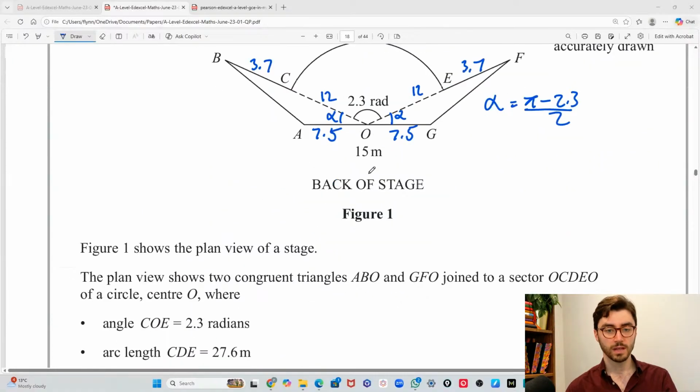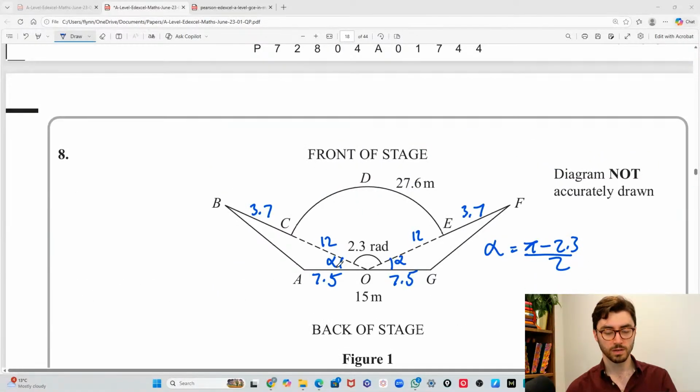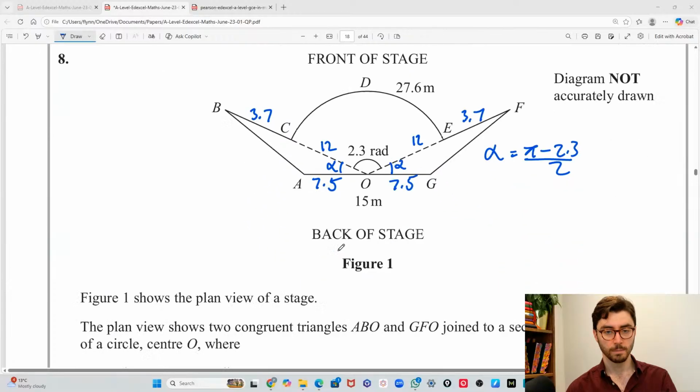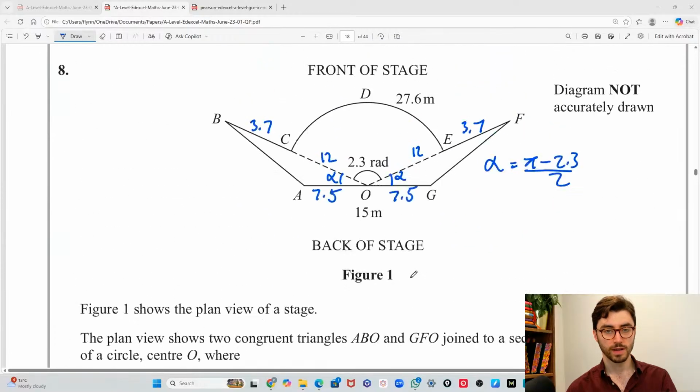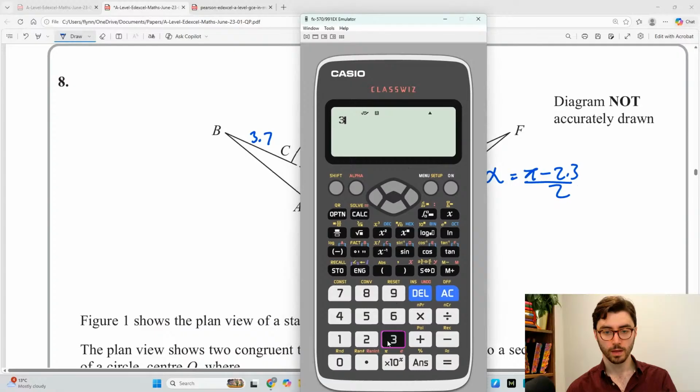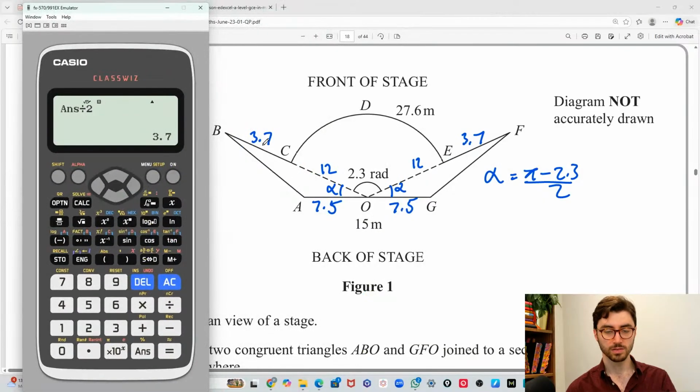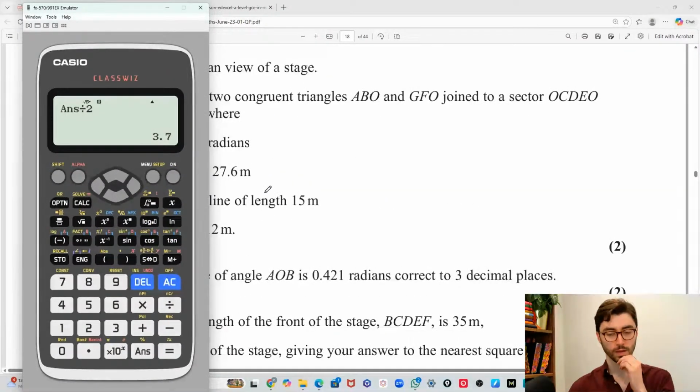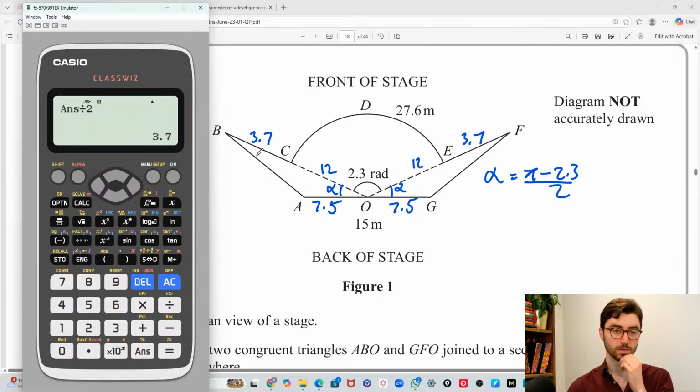So I found the individual angles, and that was 12. That was the angle. That was 35 minus 27.6 divided by 2 is 3.7. So that is 3.7. So 3.7 plus 12. I'm still in radians.